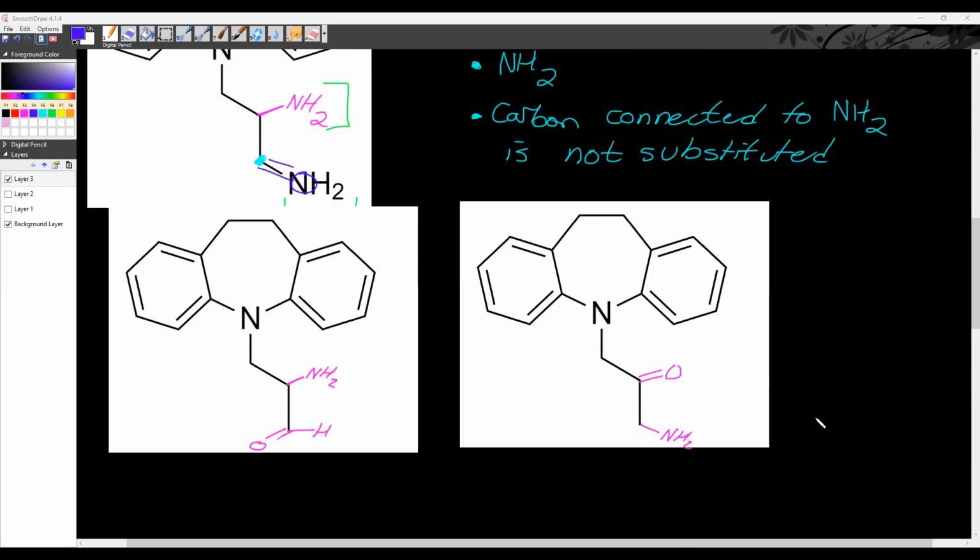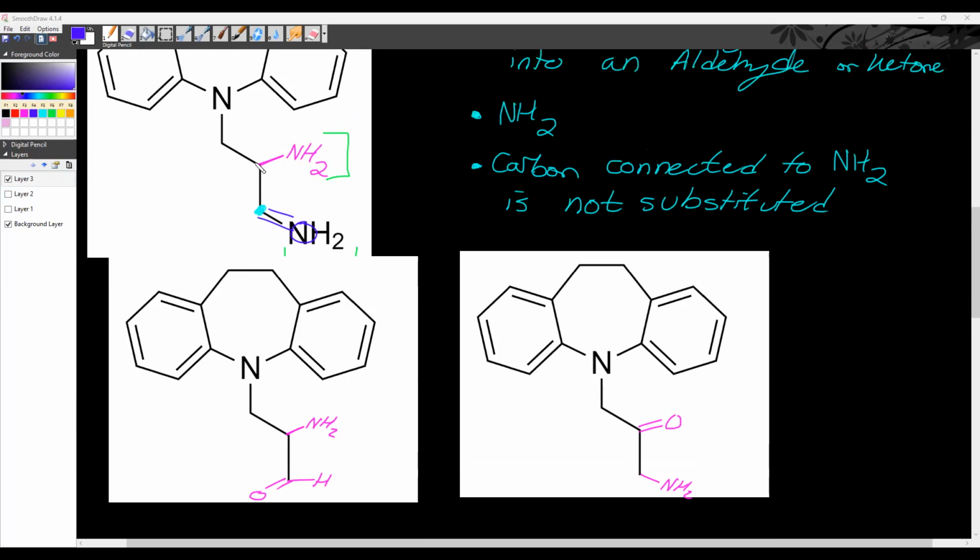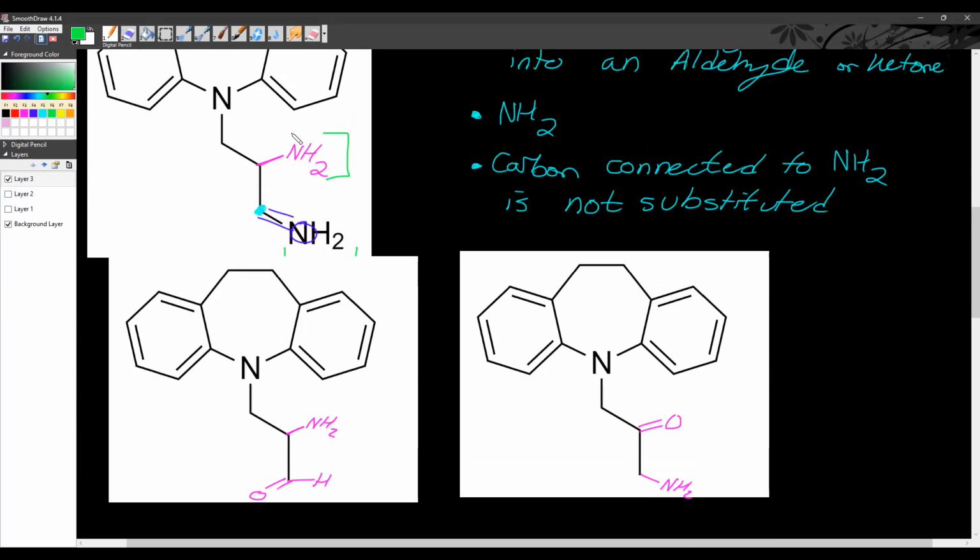When you drew on the NH2 originally, would that still be considered a secondary carbon? Yes, this is the secondary carbon, which would produce the ketone. Okay, thanks. So essentially if your NH2 is in the middle of a chain, you'll get a ketone out of it. If it's at the end of a chain, you'll get an aldehyde out of it.